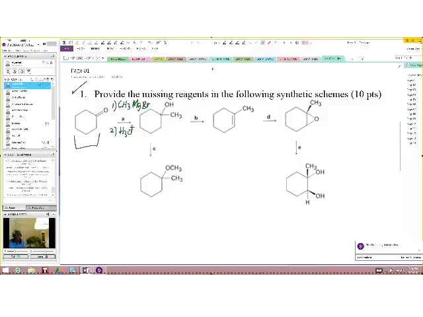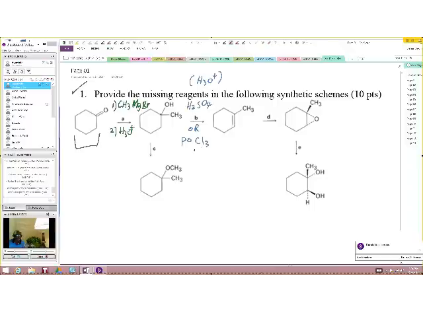So we could use sulfuric acid, or in this case, you could also use dilute acid, which is hydronium ion. Or we could also use phosphorus oxychloride. Okay, excellent, very good, and thank you.